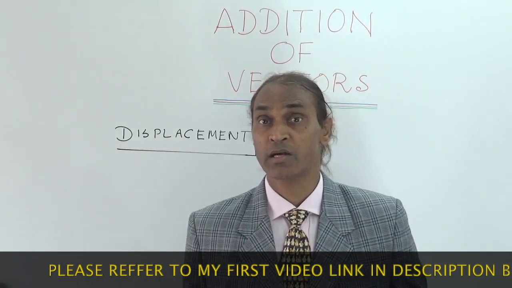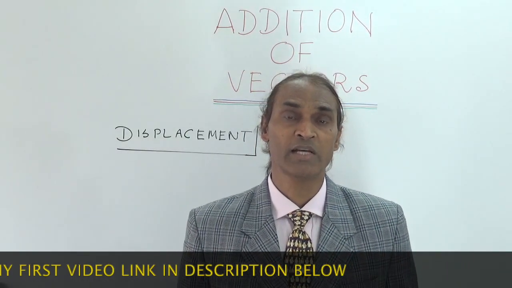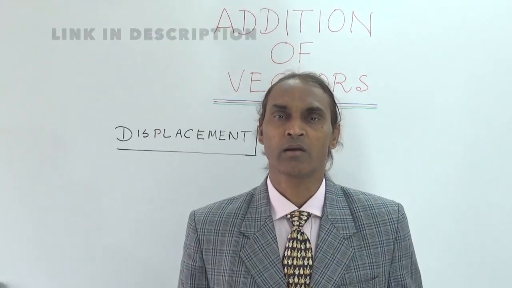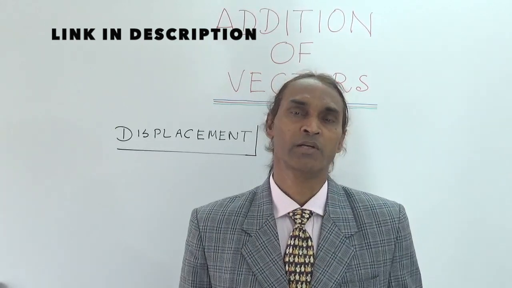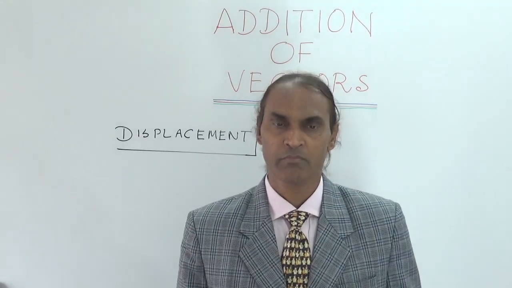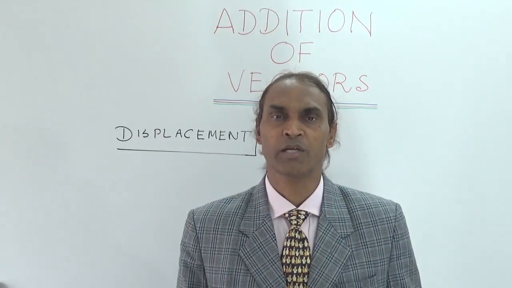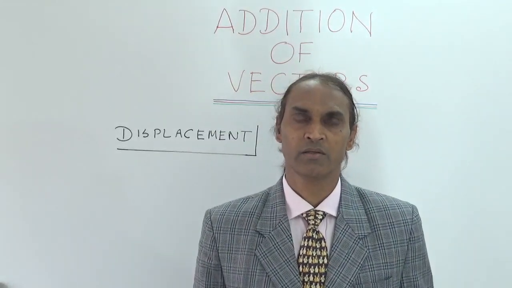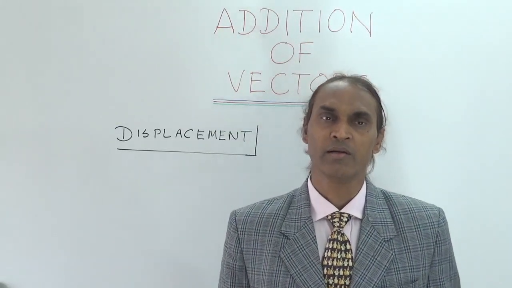Because position vector is a vector quantity, position of an object is characterized by vector quantity. I talked about this particular position vector in my first video. So the position of a particular place, a particular location with respect to some other location is a vector quantity. So that is what we call displacement.